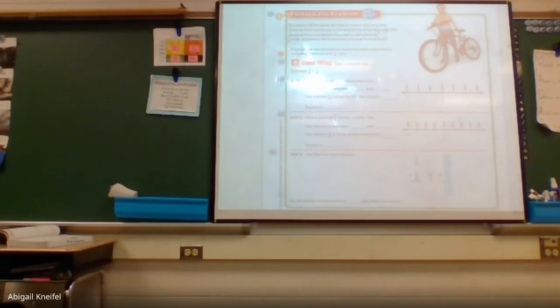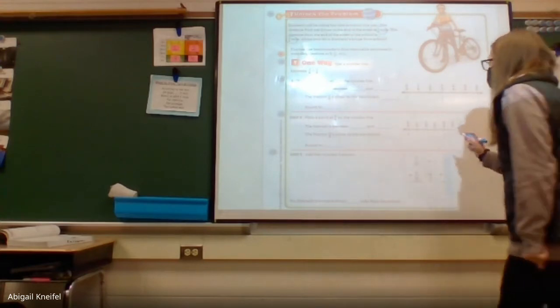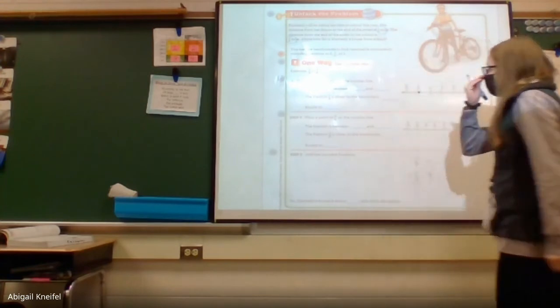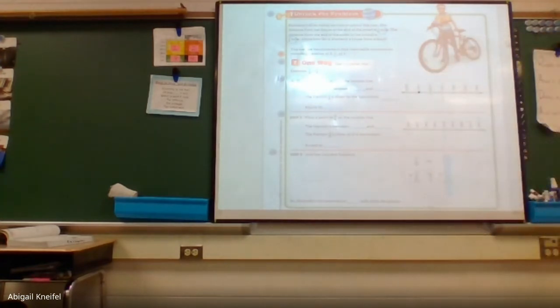First, we're going to place a point at 1/6 on the number line. So, here's my number line. 1/6 is right here. The fraction is between what and what? 2/6 and 3/6. Yeah, perfect. But we're using benchmarks.